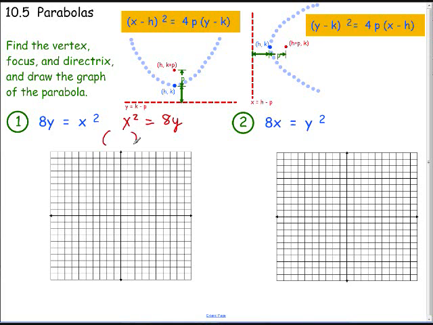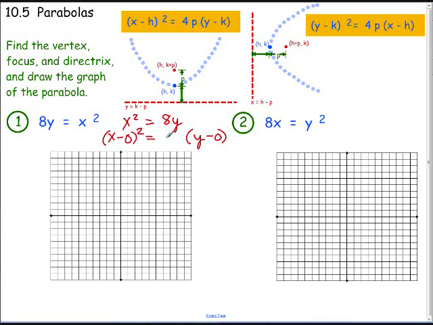And I could say x minus 0 squared, right? And I could say y minus 0 as a linear term. And that just leaves the 8. And I want to express that as 4 times p.